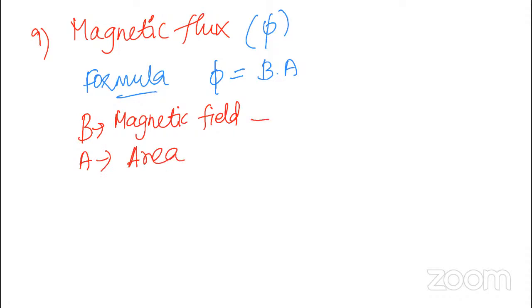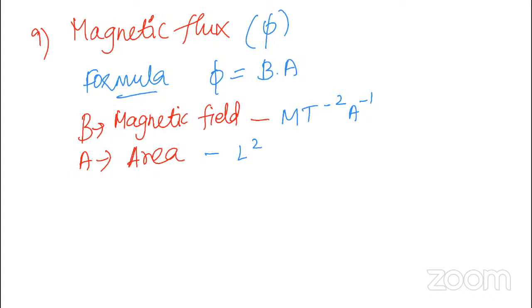Already we know the formula for magnetic field. What is the dimensional formula for magnetic field? That is M T power minus 2, A power minus 1. Then for area, it is L square.